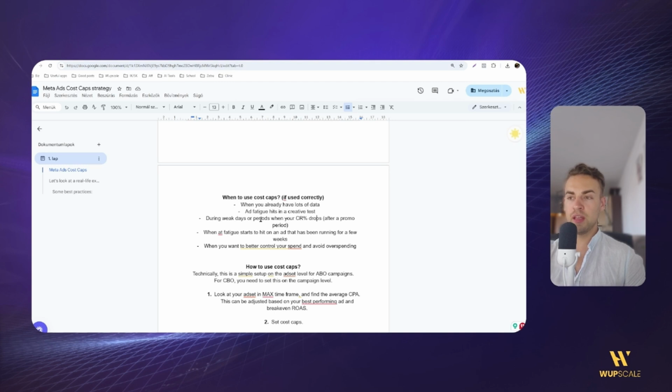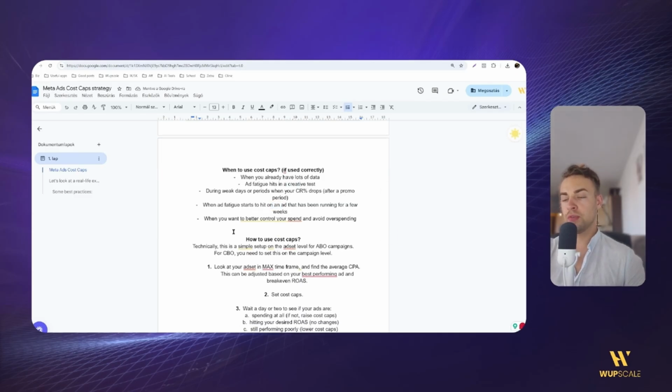Or during weekends or periods when your conversion rate drops on your website or inside your funnel. For example, after a promo period, after Christmas or after Black Friday, or maybe after just an Easter sale or a restock on your website. Usually conversion rate drops after the initial hype is over or when ad fatigue starts to hit, but I already mentioned it on the creative test side.